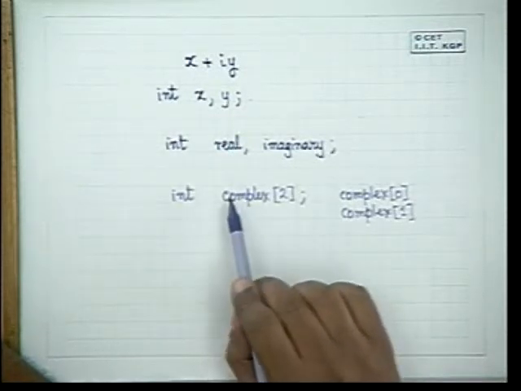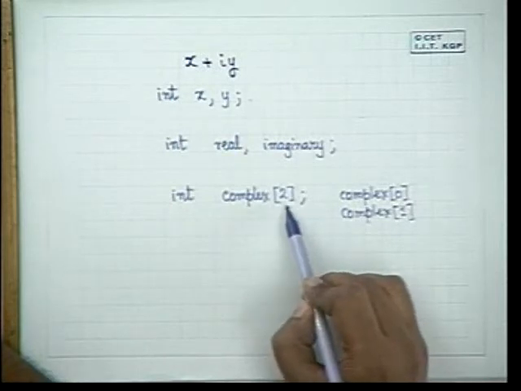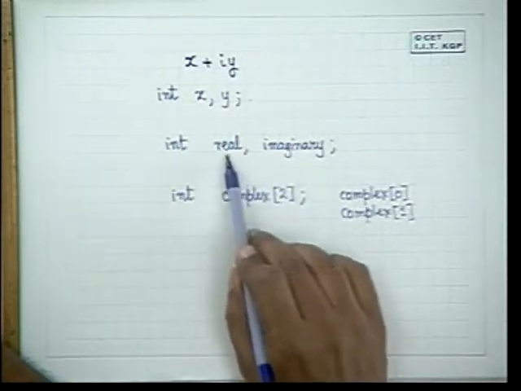And if we want to define an array of complex numbers, then this would be a two-dimensional array. So there are two options.